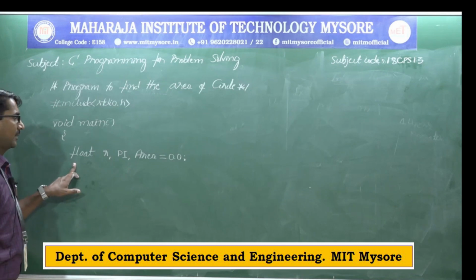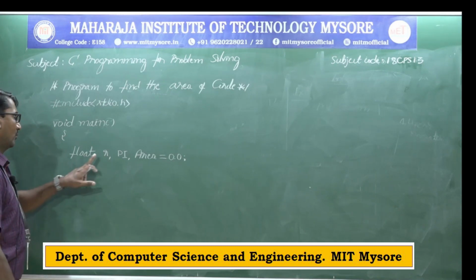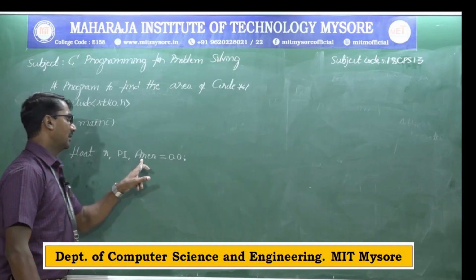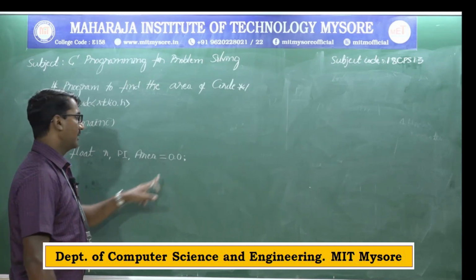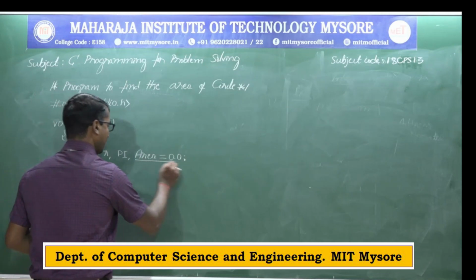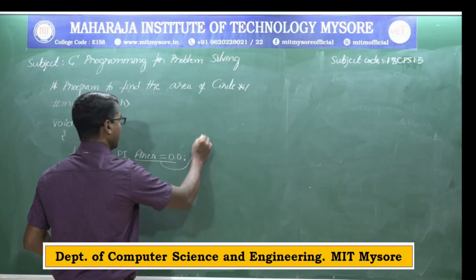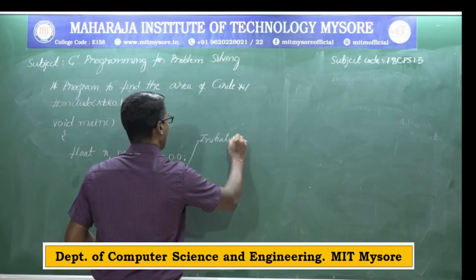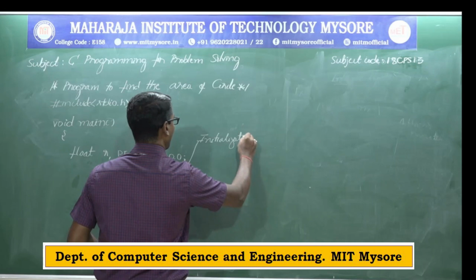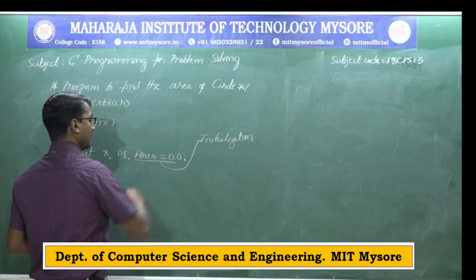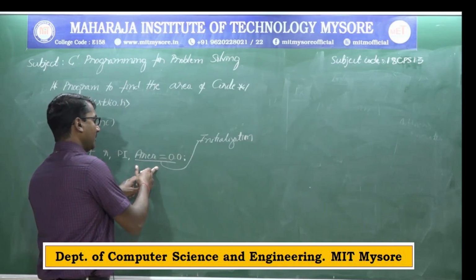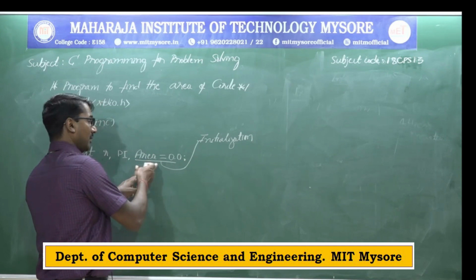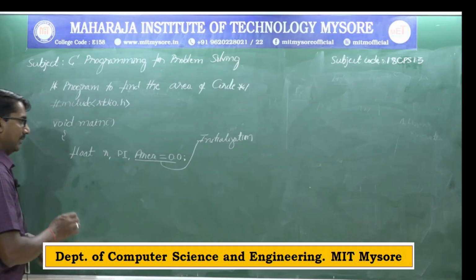So here I am declaring three variables. One is r, the second variable is pi, and area is equal to 0.0. Okay, this statement is initialization. So here I am assigning the value 0.0 to the area variable during declaration.